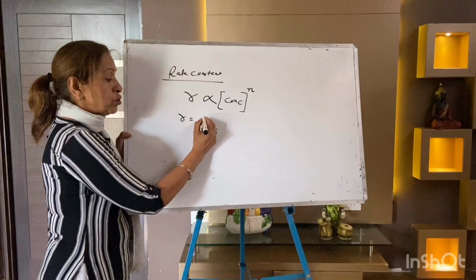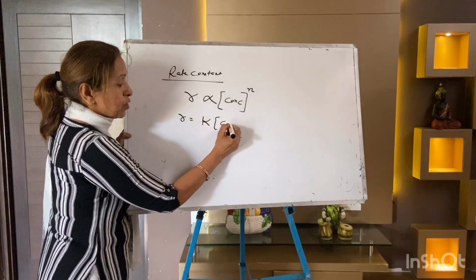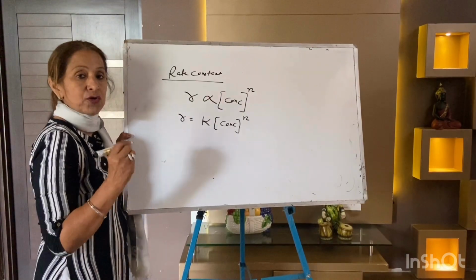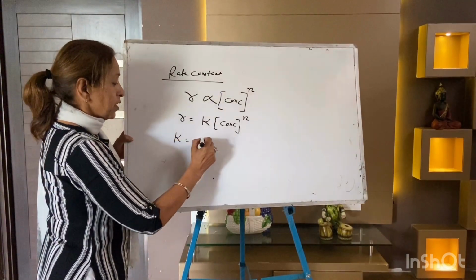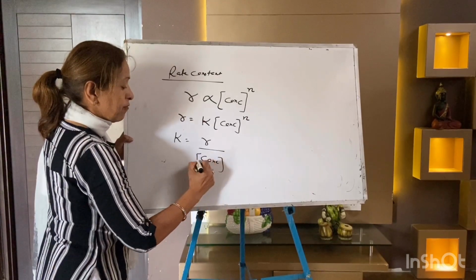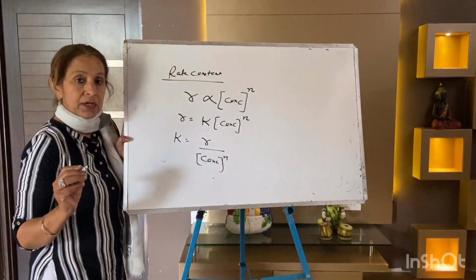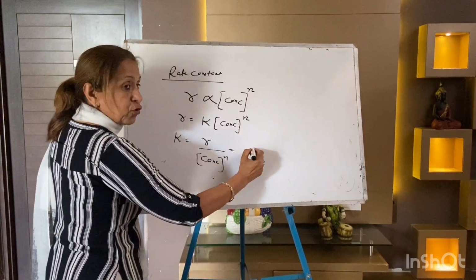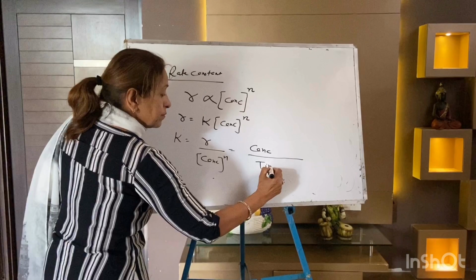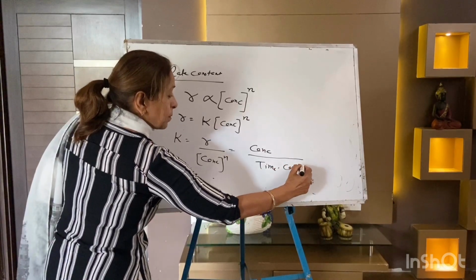After removing the proportionality, R is equal to K, concentration power n, and K is the rate constant. K is equal to R divided by concentration power n. What is R? I told you in my first lecture, R is concentration by time.